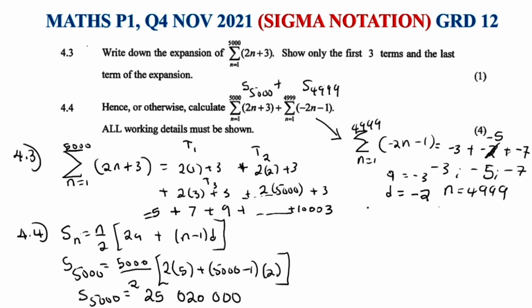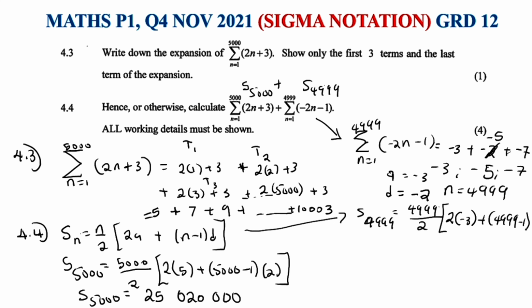Now let's come ahead into our formula Sn. I'm not going to write it here, so we're just substituting it as it is. S4999 is equal to 4,999 all over 2, close bracket, 2a. A is minus 3 plus n, 4,999 minus 1, close bracket, and then for d it's equal to minus 2.